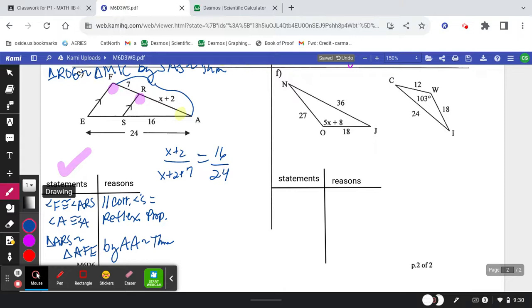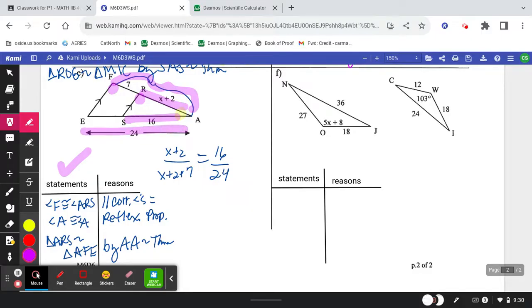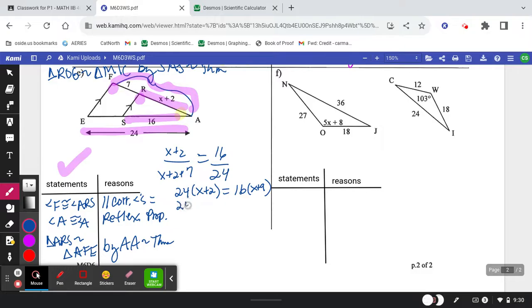All right, so let me show you those again. I went small is to big as small is to big. And that really makes an x plus 9 on the bottom. Does that make sense? So we go 24 times quantity x plus 2, 16 times quantity x plus 9.